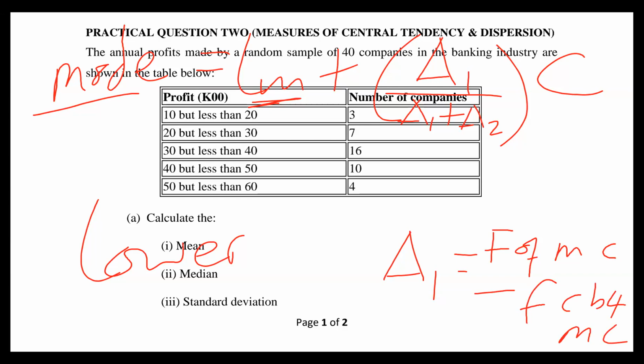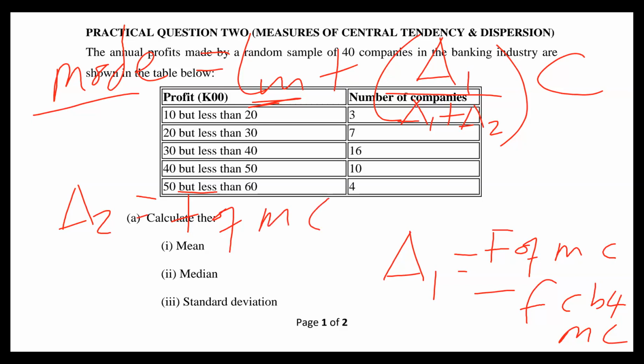That's delta 1. Delta 2 is the difference between the frequency of the modal class minus the frequency of the class that is after the modal class. Is that clear?